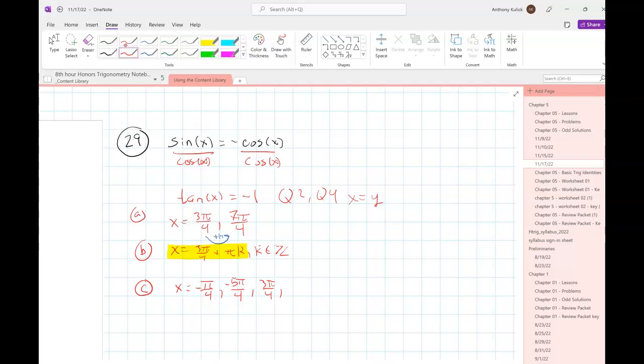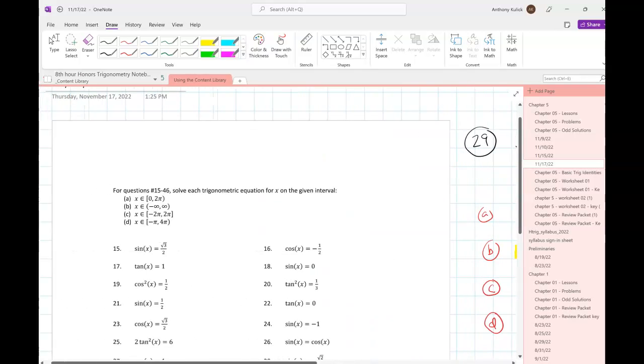If k is positive 1, 7 pi over 4, that's fine, because it's still smaller than 2 pi. If k is 2, I'm going to have 3 pi over 4 plus 2 pi, so 2.75 pi. That's too big. So those are my answers there for part C.